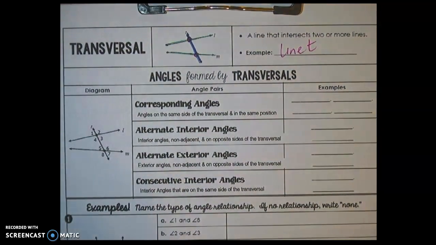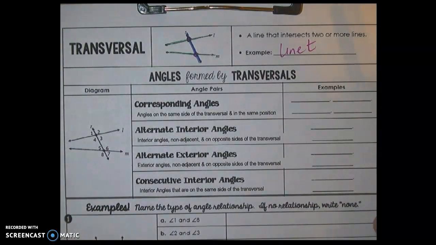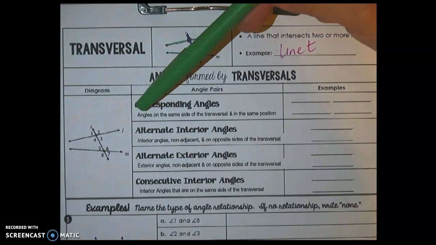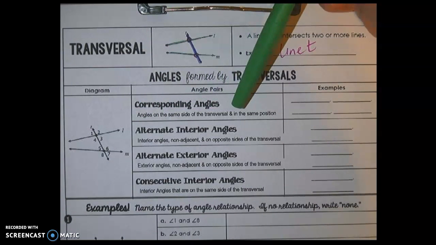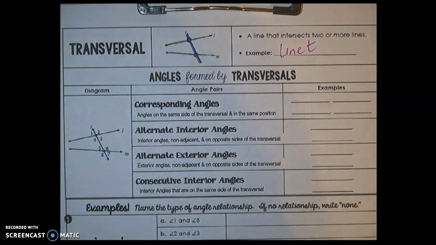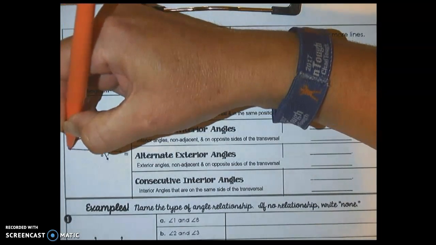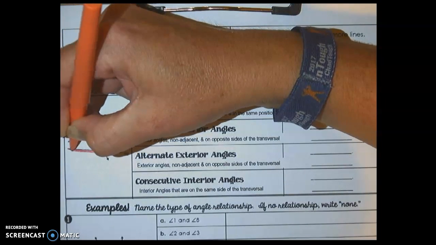The first one that we're going to look at is the idea of corresponding. It says angles on the same side of the transversal in the same position. So what I want you to look at is the 2 lines here and here that intersect that transversal.